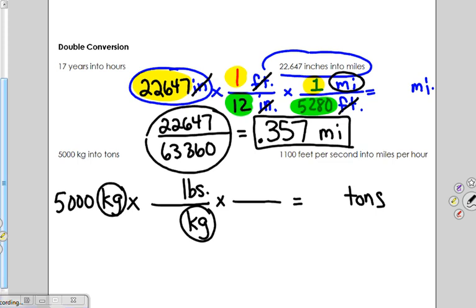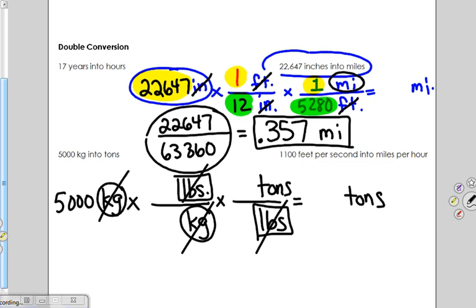LBS is pounds. But then we want pounds to cancel with pounds and turn it into tons. So the circle will go with the circle, the square will cancel with the square, and tons will be the last person standing.